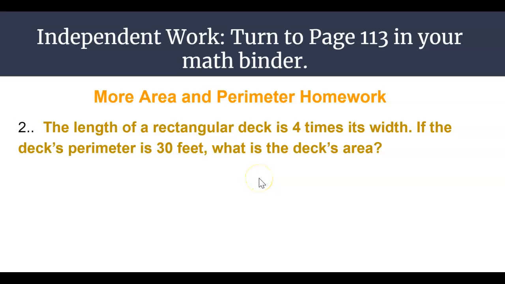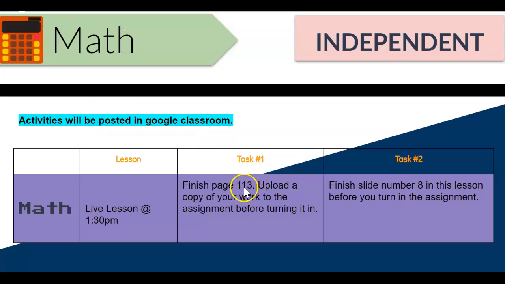You're going to turn it in only after you've attached those pictures. Over here it says finish page 113 and upload a copy of your work. Also, what we worked on, and I gave you an example, was slide number 8 in this lesson. So make sure you finish those multiplicative comparisons up before you turn this in.